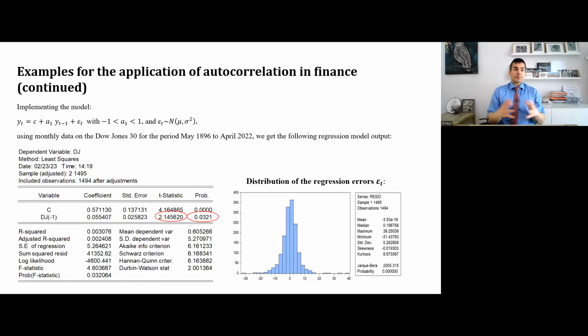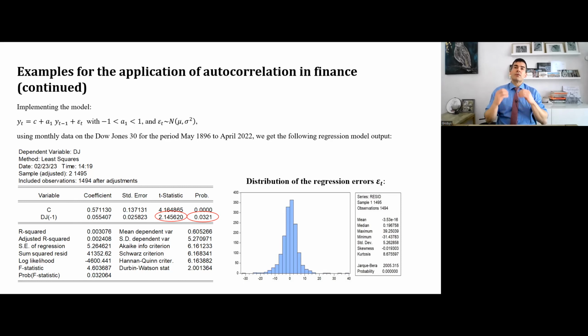Next, let's implement this simple model that measures the short-term reversal effect, and let's fit it to Dow Jones 30 returns, covering the period 1896 until April 2022. So we have almost 1,500 monthly observations.